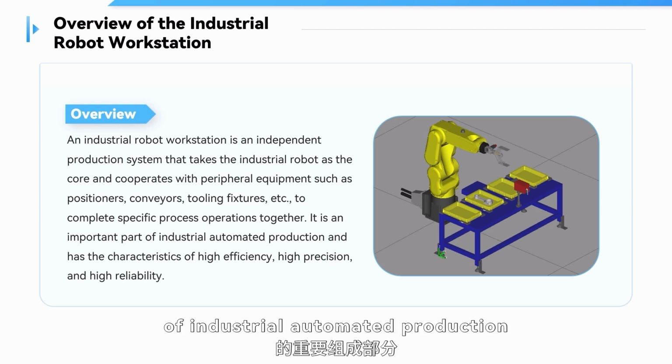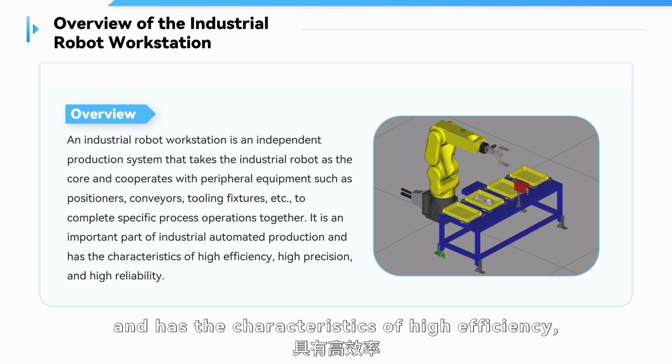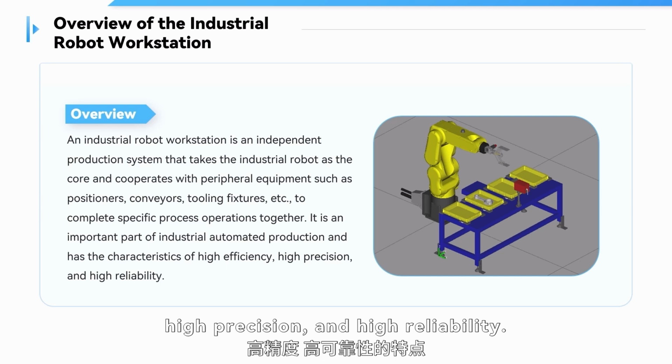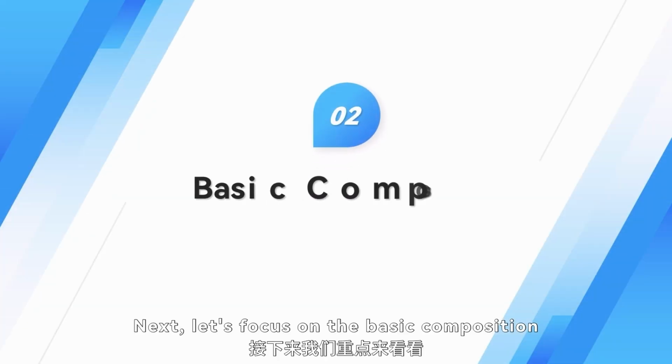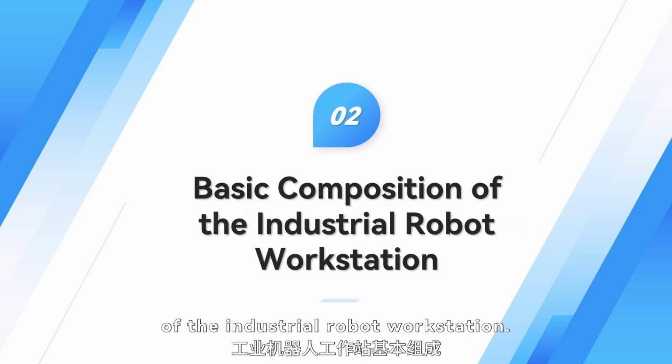It is an important part of industrial automated production and has the characteristics of high efficiency, high precision, and high reliability. Next, let's focus on the basic composition of the industrial robot workstation.